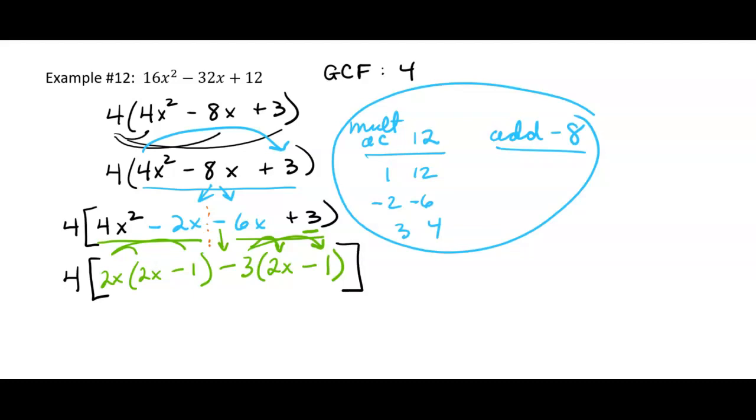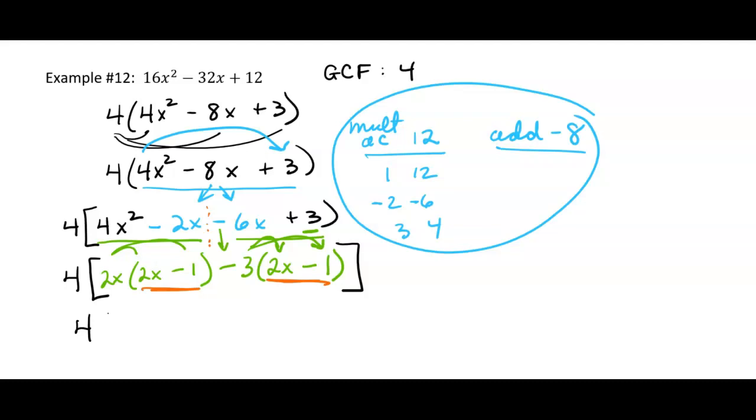So it worked. Now, here's the really exciting thing. This parenthesis is the same as this one. And that has to happen in order for the grouping to work, but it happened. So yay, we got it. We're getting somewhere. Okay. So the 4 still stays out front. It's just hanging out front. And now I'm looking in the brackets.